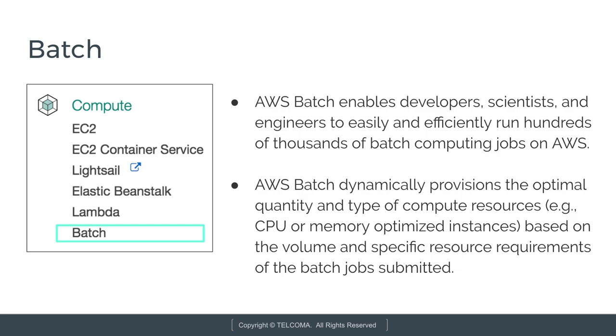That means it will automatically provision CPU or memory optimized instances, based on the specific requirements of the batch jobs submitted. So we submit some jobs, which we call batch jobs, and AWS Batch enables them to run efficiently on AWS.